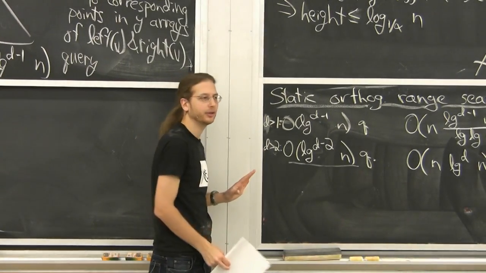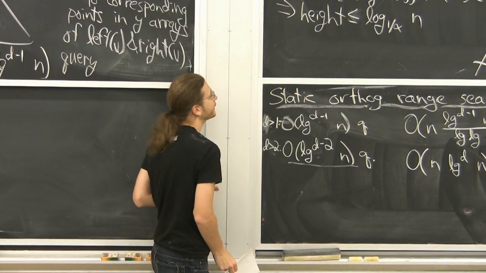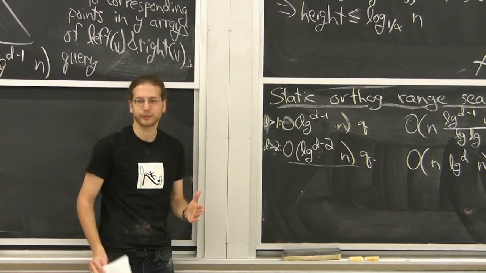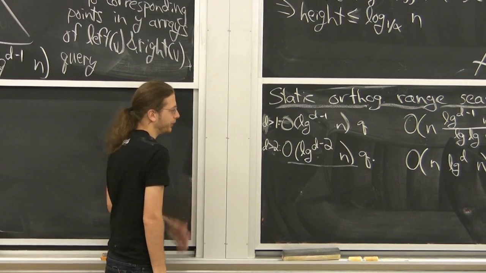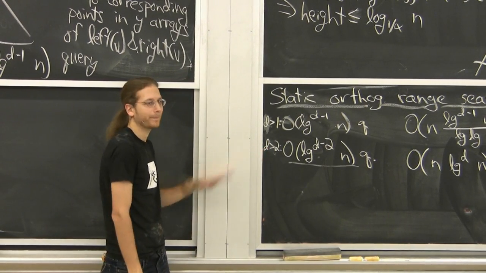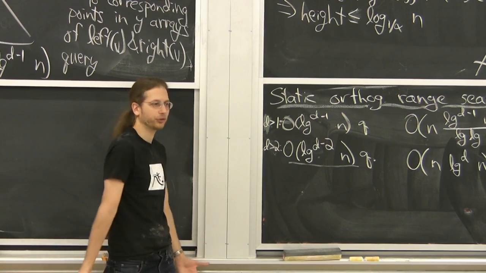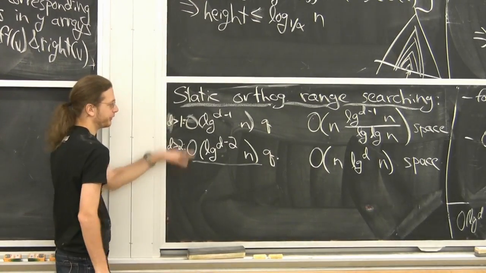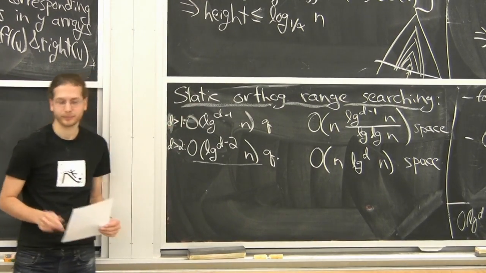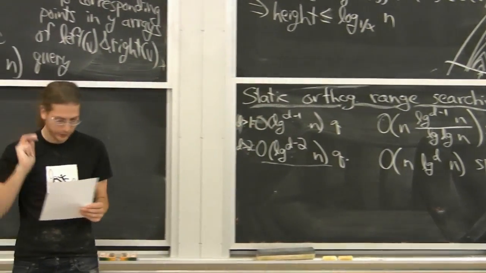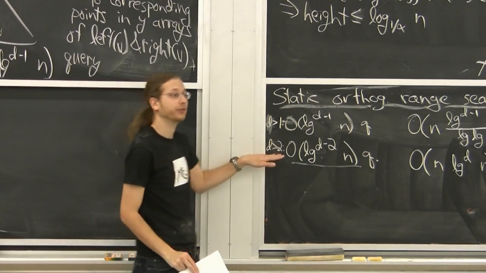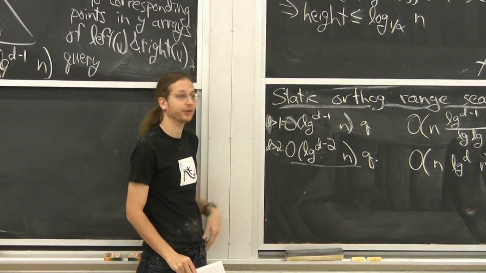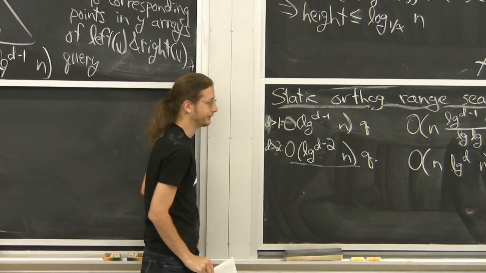In this model, which is basically the comparison model, we're comparing coordinates. In that model and many other models, you can't beat log n query, because in particular, you have to solve the search problem in 1D. So we're always hampered by that, but the question is, how does it grow with d? And the claim is we can get log n all the way up to 3 dimensions. Only at 4 dimensions do we have to pay log squared. It's pretty amazing, I think.